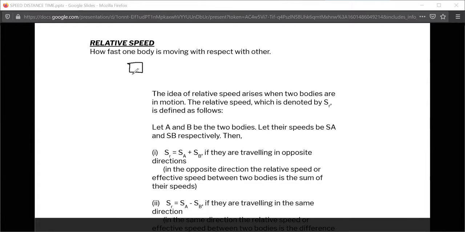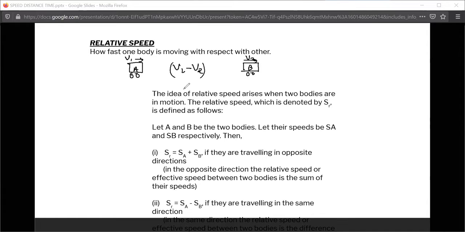Suppose we have a car A and a car B. This is moving with the speed v1, and this body is moving with the speed v2. In order to catch car B, v1 has to be higher. That is understood. So, what is the relative speed of A with respect to B? That will be v1 minus v2.